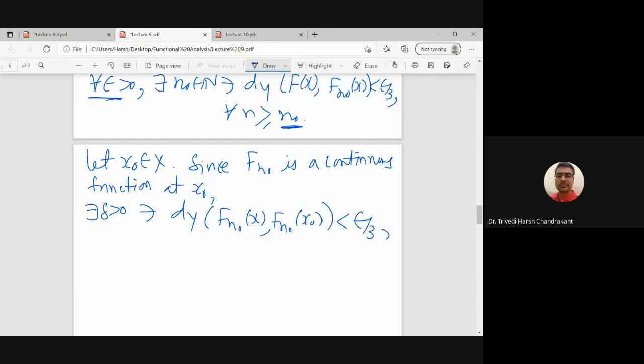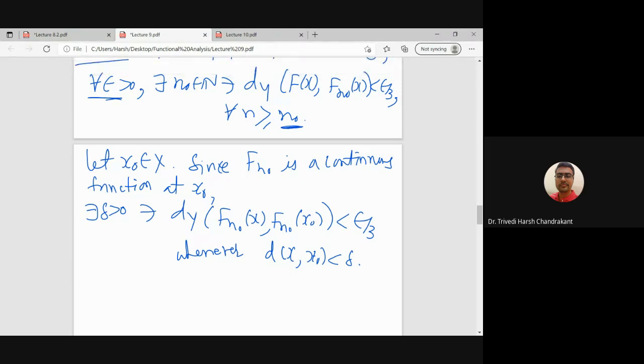So this is true whenever the distance of x with x naught is less than delta. Whenever the distance of x with x naught is less than delta, we have the distance of f_n naught(x) with f_n naught(x naught) less than epsilon, right?